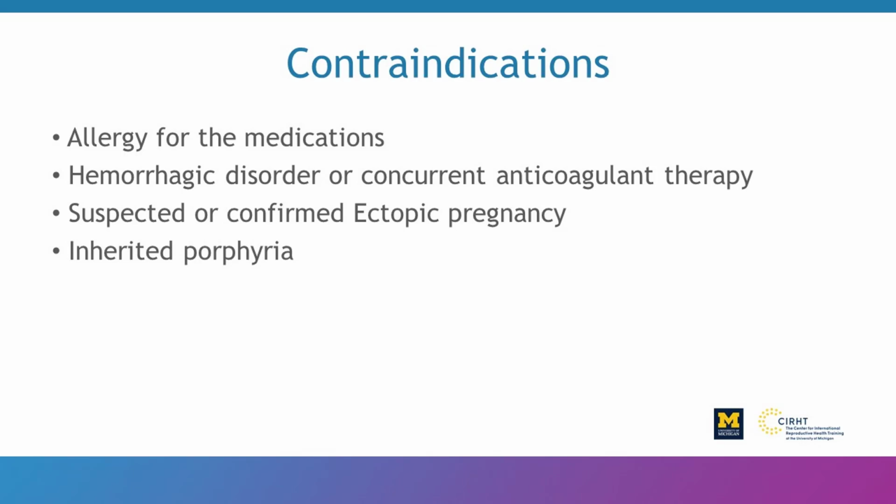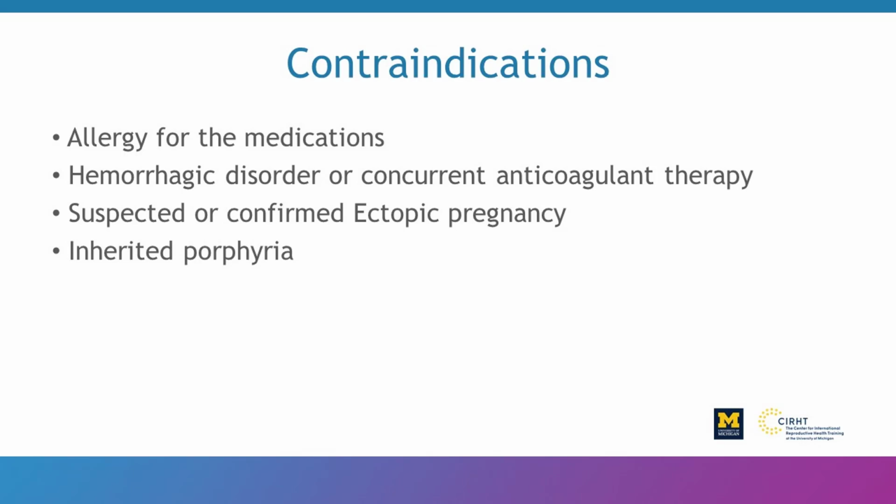Rather, it can delay the diagnosis of an ectopic pregnancy. So always, if we are not sure of an ectopic pregnancy, it's better to delay and confirm or rule out an ectopic pregnancy. In case of inherited porphyria, again, it's contraindicated.